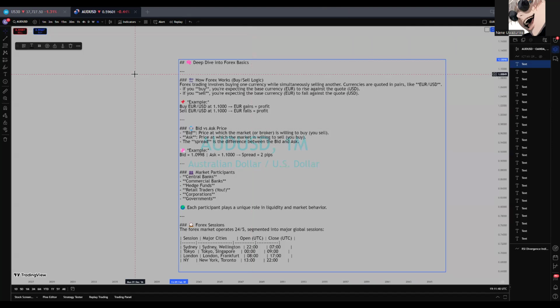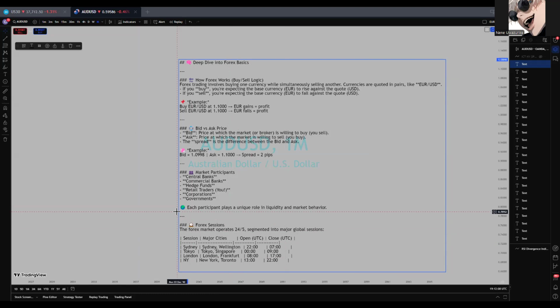We want to take a deep dive into the Forex basics. We want to talk about how Forex works and basically say what is Forex? Forex is foreign exchange. It's a platform that is one of the biggest and most liquid trading or financial institutions in the world. It's liquid.